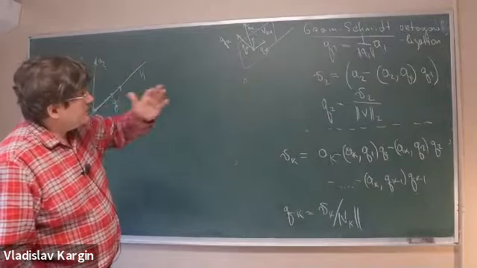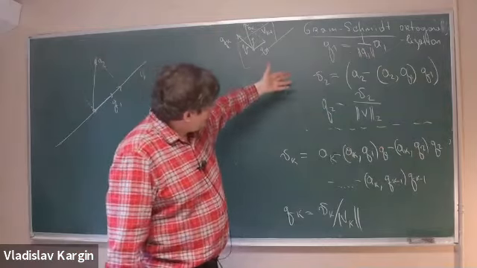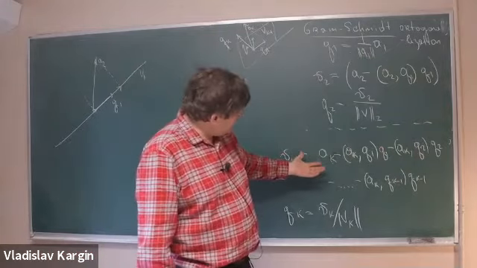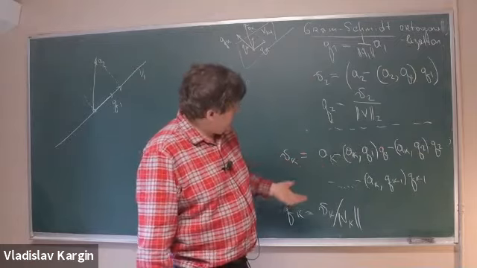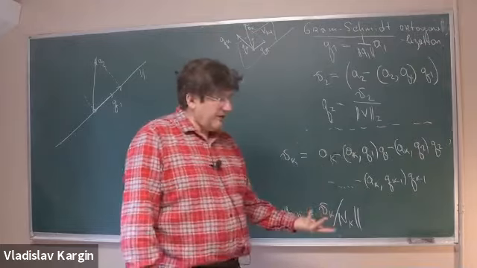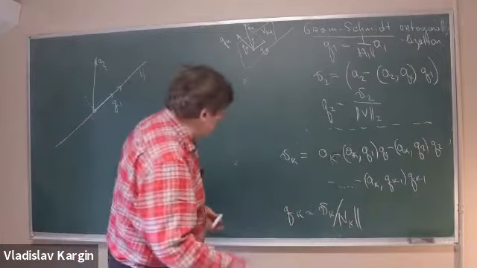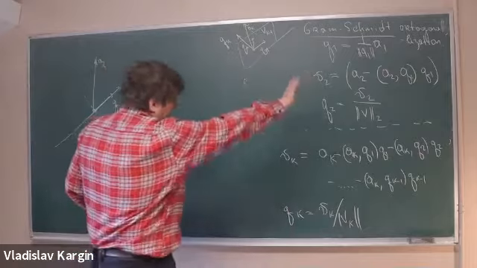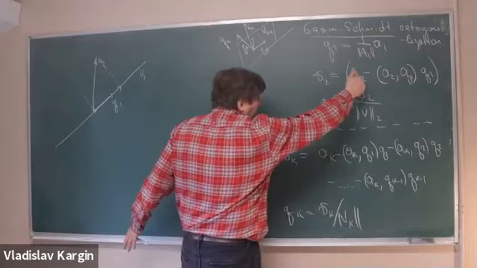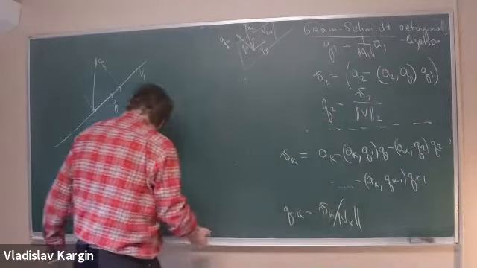Okay, so now what about QR? Here we have q1, q2, qk calculated in terms of the vectors ak. Can we write it the other way around? Let us rewrite this in terms of what ak is in terms of the vectors qk.